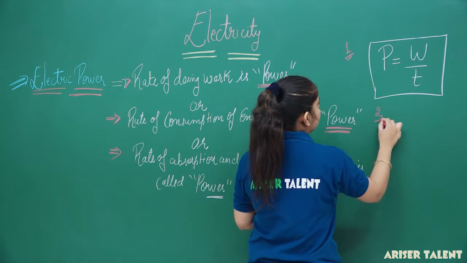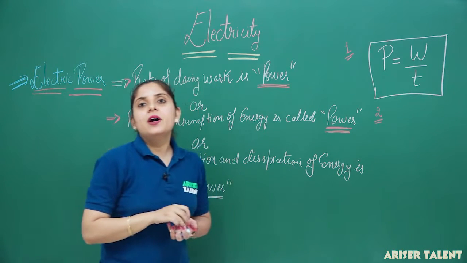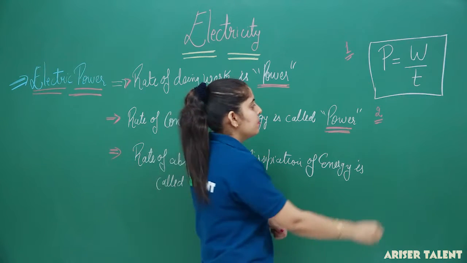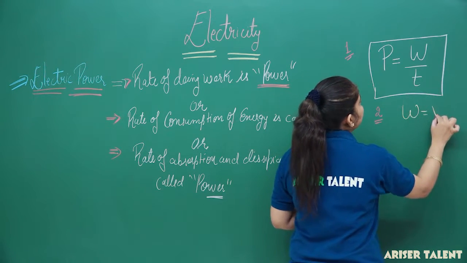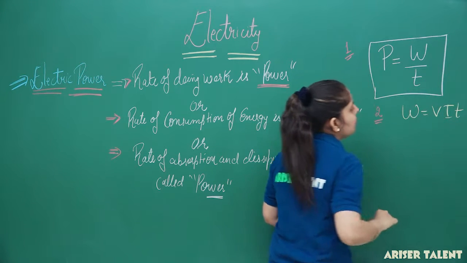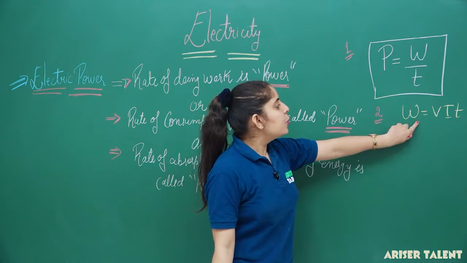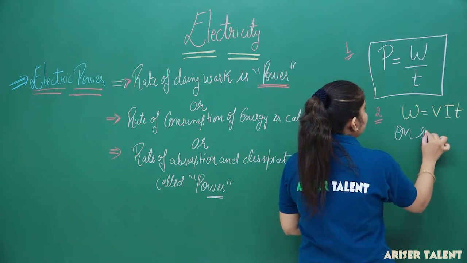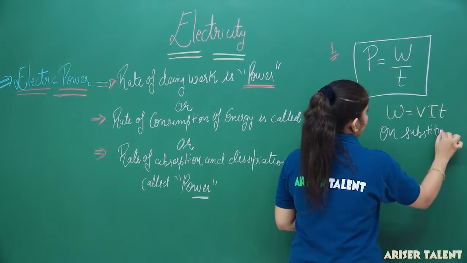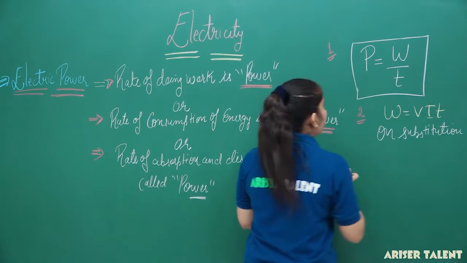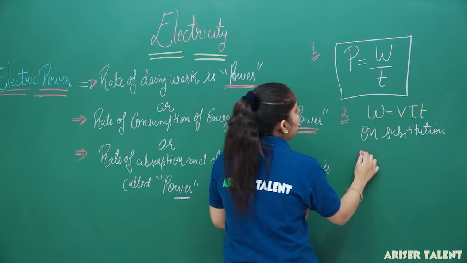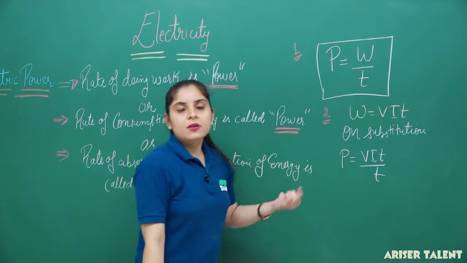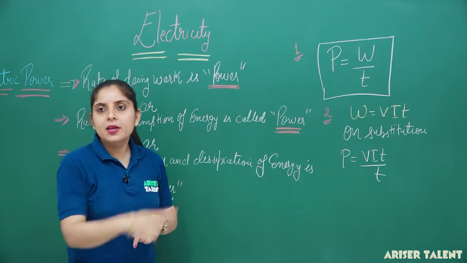Now, you know that work is the multiplication of voltage, current and time. So we know that W is equal to VIT. If I substitute this value in the formula, I get P equal to VIT upon T. We are substituting the value of W in the above equation.